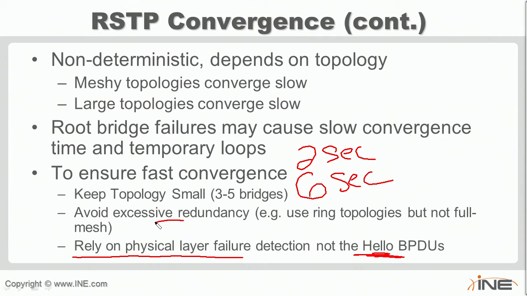But physical link failures generally can be detected a lot faster than this. In the case of most fiber interfaces, it's somewhere on the order of 10 milliseconds or less that the interface driver actually knows that the physical signal is not there. And rapid spanning tree is automatically going to detect that the physical link goes down.